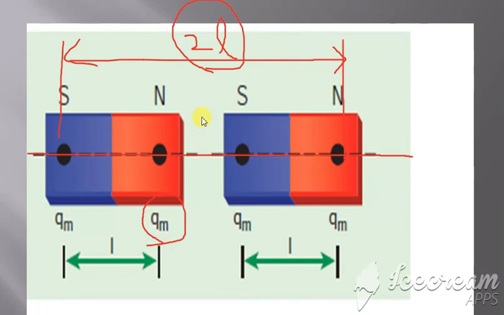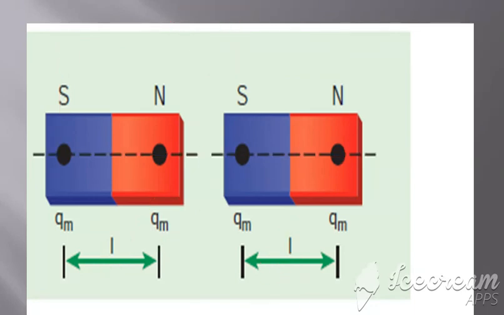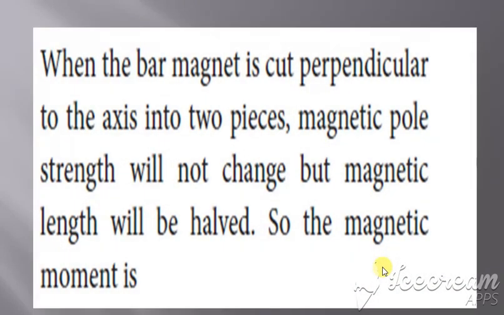Here we are splitting the length, so this length becomes L, and this length again becomes L. Clear? When it is cut into two pieces, the pole strength will not change, the magnetic length will be halved.